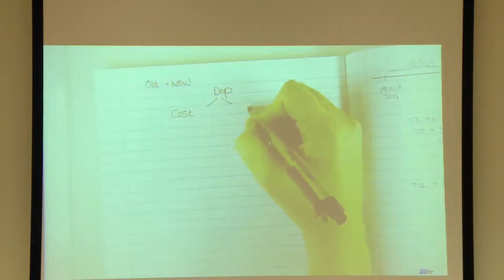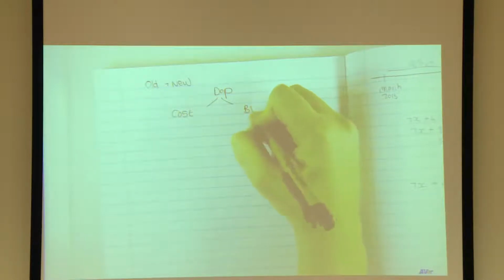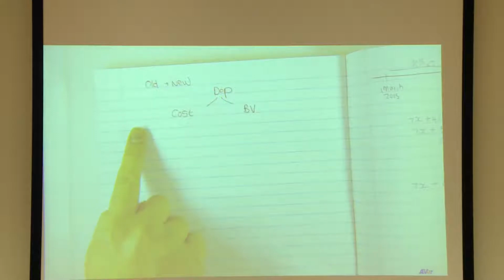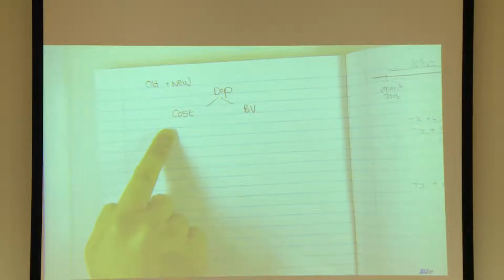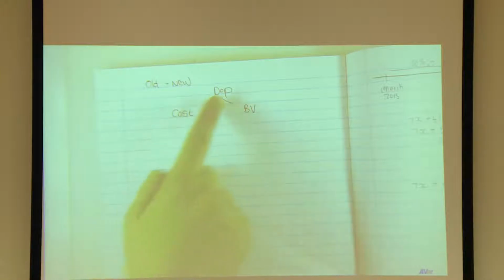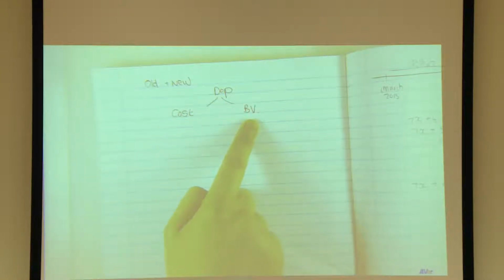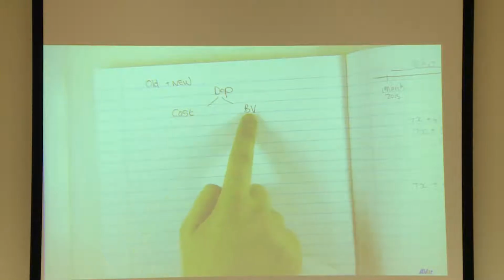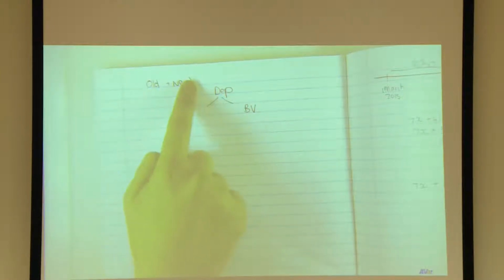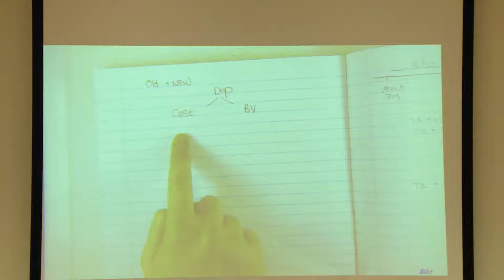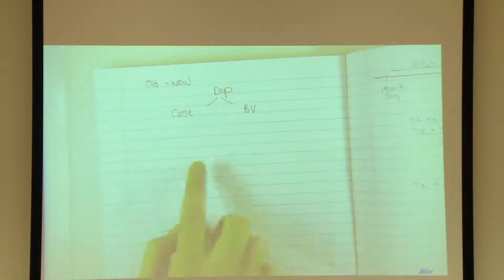Secondly, calculating using the book value. Now, the cost method can also be known as the straight line method. Book value could also be known as the diminishing balance method. So calculating depreciation on the old plus the new using these 2 methods was taught in grade 10.